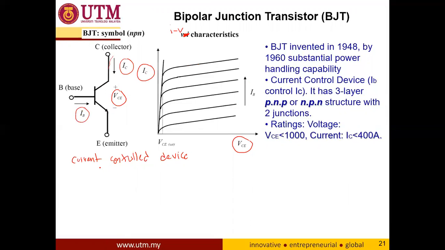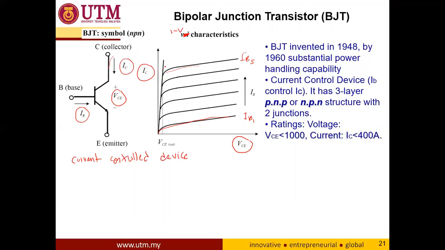That's why this device is called a current control device. Depending on the value of the current, it will plot this curve when your current is IB1, and maybe you will have other curves when IB is 2, 3, 4, IB5. So it depends on your value of IB.